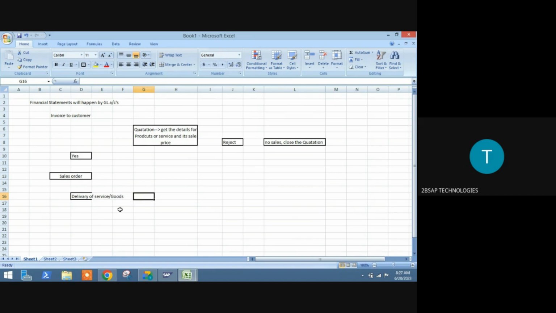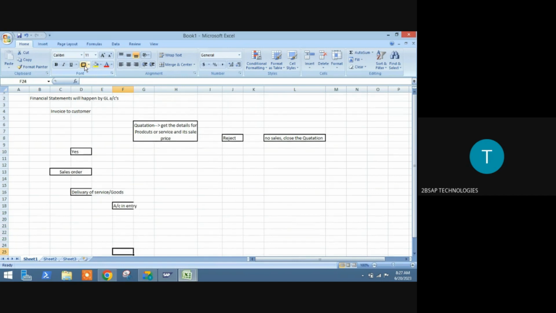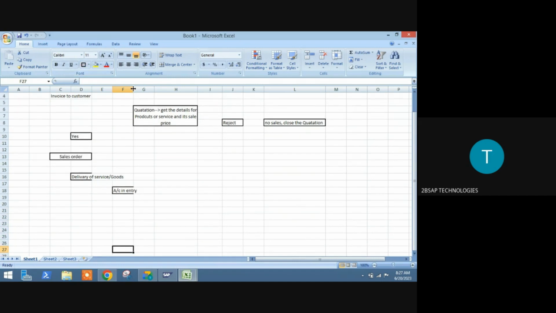So here you will have an accounting entry. I'm explaining the entire SD cycle. Without SD, I will take it out below with all the things.